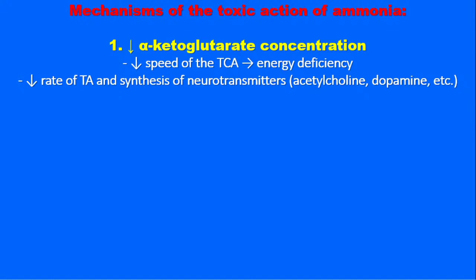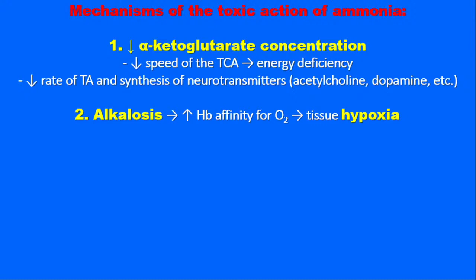For example, gamma-hydroxybutyric acid also cannot be synthesized in excess of free ammonia, because for this we need to decarboxylate glutamic acid, but glutamic acid will be significantly taken for the synthesis of glutamine. We will see this.